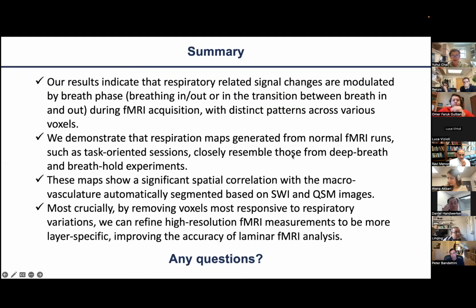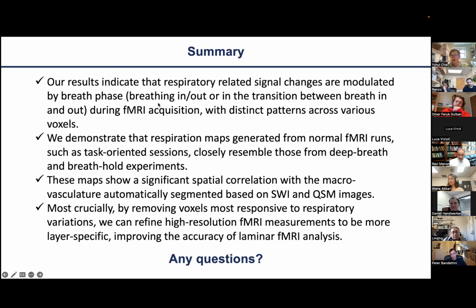So here is the summary of this talk. Basically, our results show the respiration-related fMRI signal changes are modulated by breath phase. If your fMRI images are acquired in different respiration phases, such as breathing in, breathing out, or in the transition period from breathing in to out or from breathing out to in, the respiration effect could be very different.